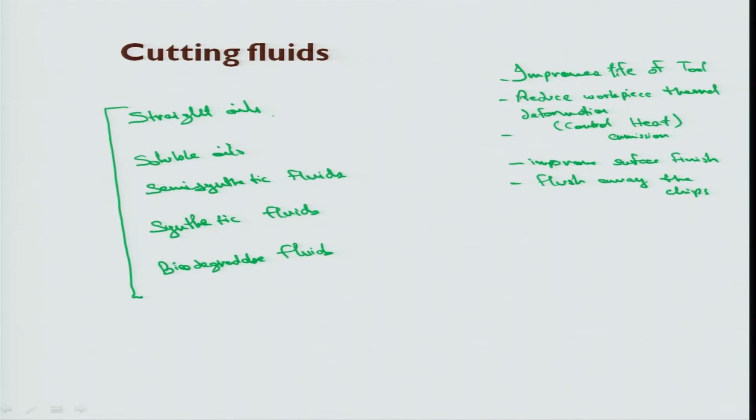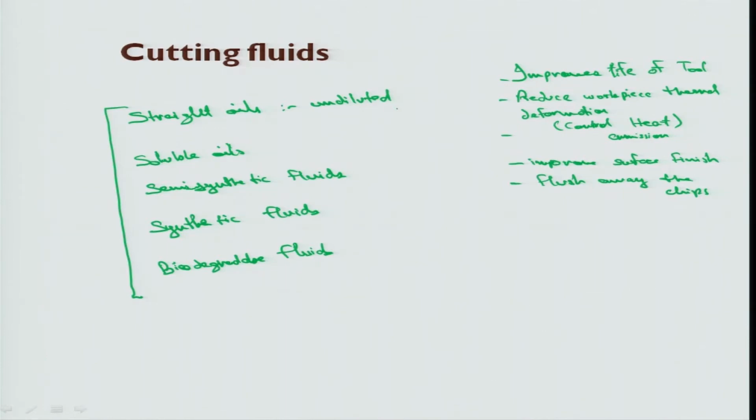Now straight oils are non-emulsifiable and used in machining operations in an undiluted form. So these are undiluted. They are composed of a base mineral or petroleum oil and often contain polar lubricants such as fats, vegetable oils and esters.